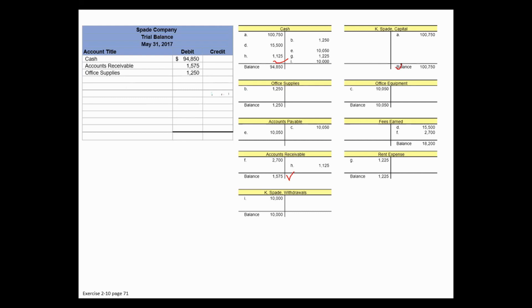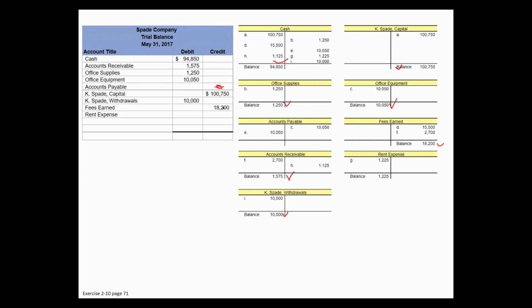because, again, capital is on the other side of the equation, so it normally has a credit balance. Kate Spade withdrawals, $10,000, because that's how much she took out. So in order to reduce her capital, we have to use a debit. And then fees earned is $18,200, and that would be a credit because that is increasing our equity.